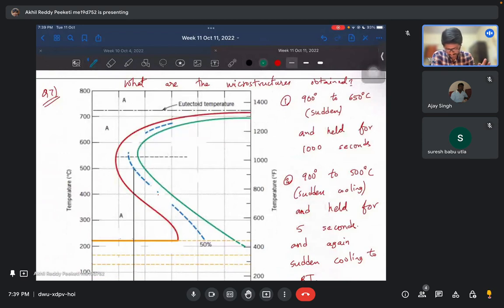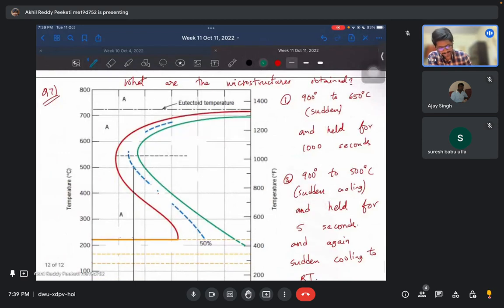Again TTT diagrams only. Now we were given these step by step temperature changes and we are supposed to estimate the microstructure. So in case 1, 900 to 650 sudden cooling and held for 1000 seconds. So 900 is somewhere above and then 650, so somewhere here, sudden cooling, a straight vertical line, and held for 1000 seconds.